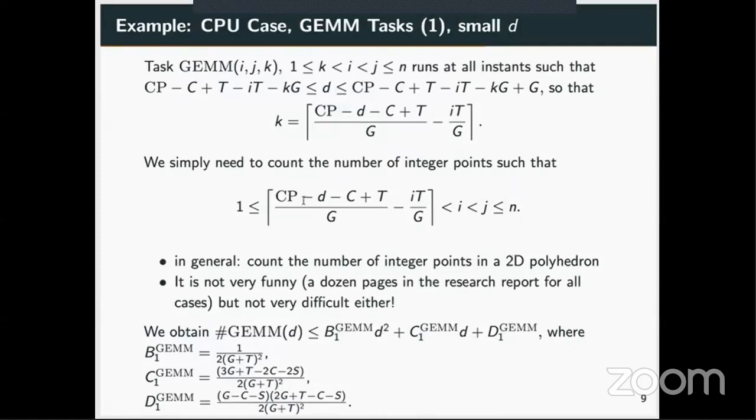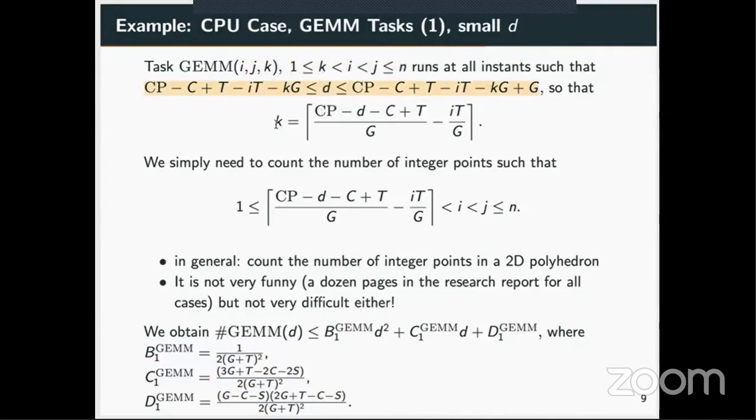So for GEMM tasks, there are n-cubed tasks, so they correspond to 3 different indices that must first satisfy this equation, and then there is the other equation. Given D, we know that a given ijk task will run exactly at this instant.